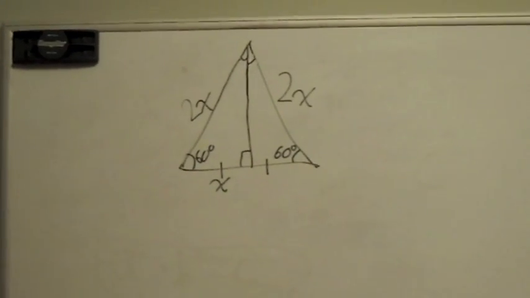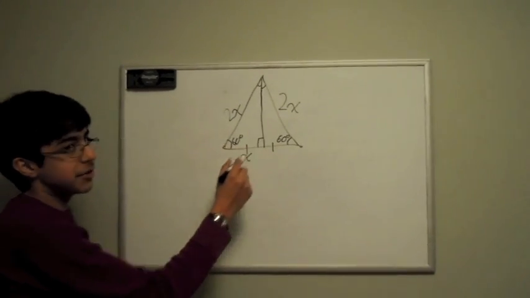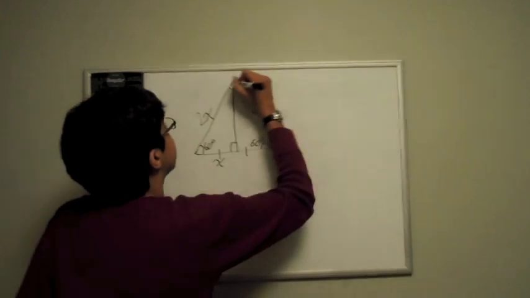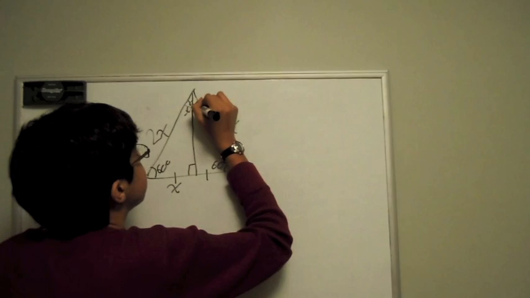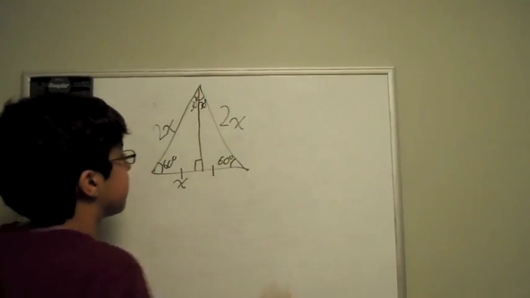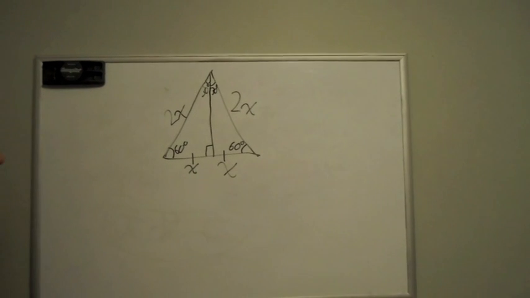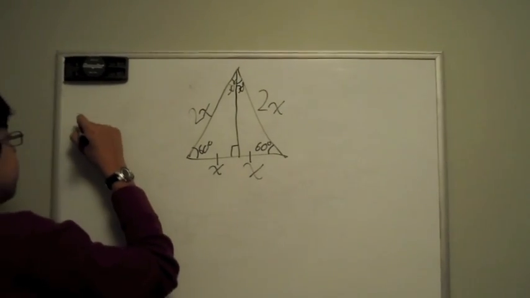Now, by the triangle angle sum theorem, 60 degrees plus 90 degrees is 150 degrees. Subtract that from 180, and we get these angles to have a measure of 30 degrees. And now, to find the last side, we use Pythagorean theorem.